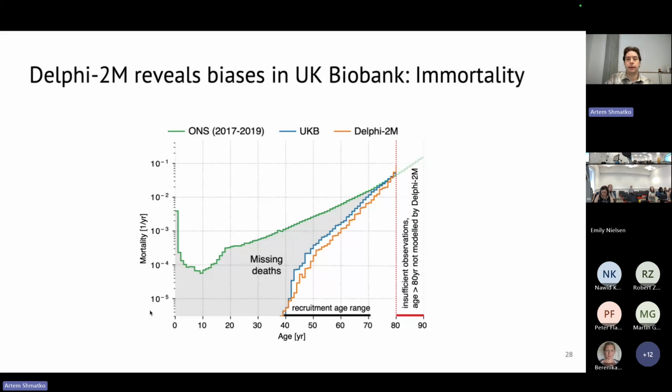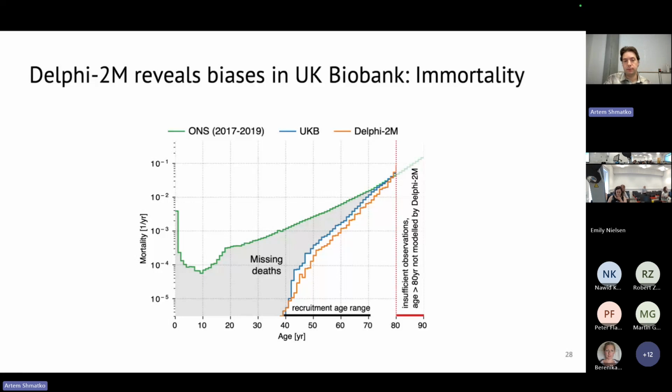So here we have the mortality rate versus age, and in blue we have the UK Biobank data line that is estimated from the records we used for training. And as you can see, the mortality only starts being non-zero after 40 years, which is because of the explanation from before. And the Delphi model, in orange, learned precisely this.